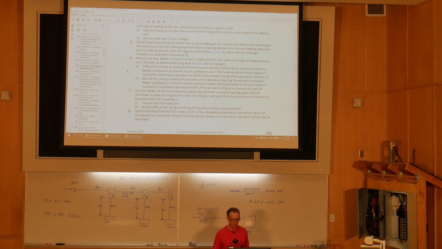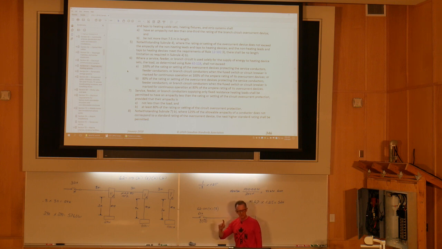All right, so let's go down to Subrule 7 now, and it says, branch circuit conductors supplying only fixed resistance heating loads shall be permitted to have an ampacity less than the rating of the circuit overcurrent protection, provided that their ampacity is not less than the load, so we couldn't be less than that, and at least 80% of the rating of the overcurrent device. So that would tell me it'd have to be at least 80% of that.